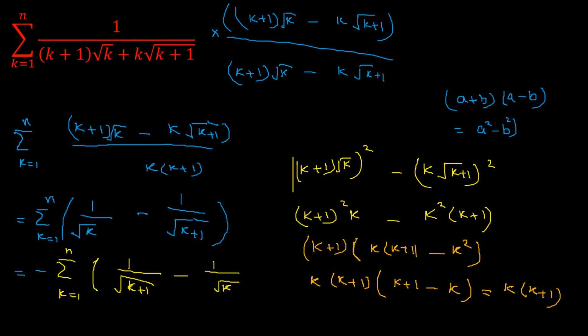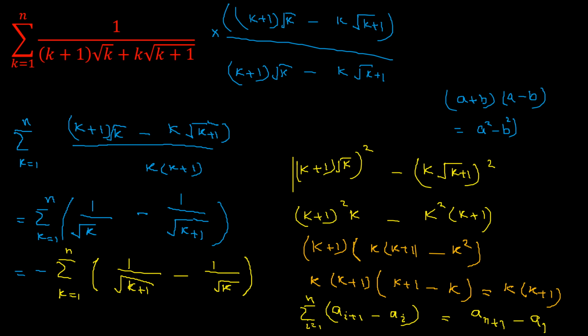And we have seen that this is a telescoping series, which I have discussed in this video already: if we have to find the summation i equals 1 to n of a(i plus 1) minus a(i), then this sum is nothing but a(n plus 1) minus a(1).